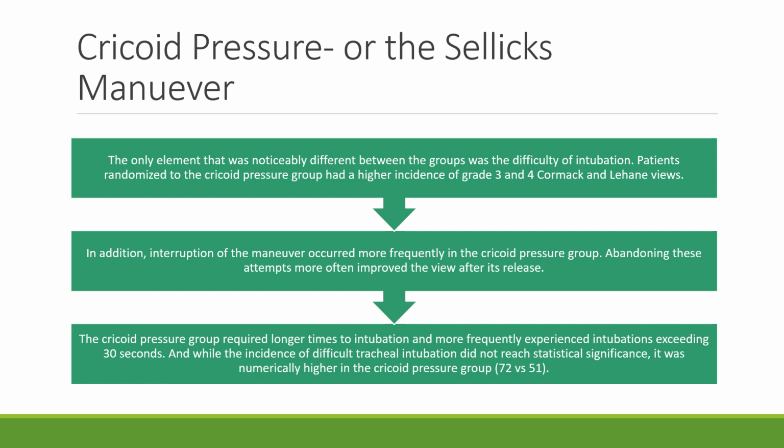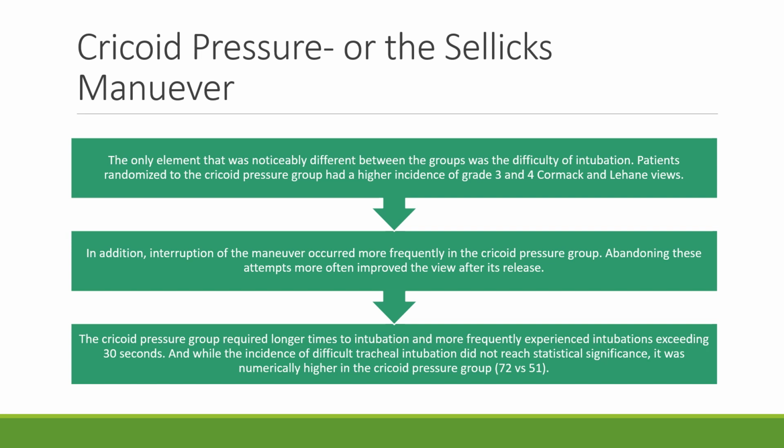Finally, most of the time when you look at a lot of the evidence involved with using cricoid pressure, they got a little bit better views on the Cormack and Lehane scale, which is the view that you get looking at a patient from a laryngoscopic view, and it can improve it if done correctly, occasionally.